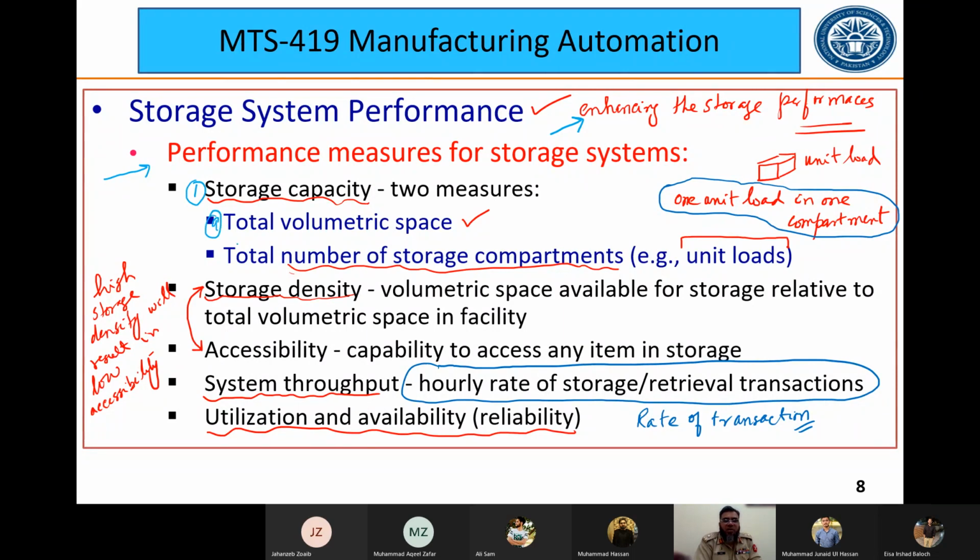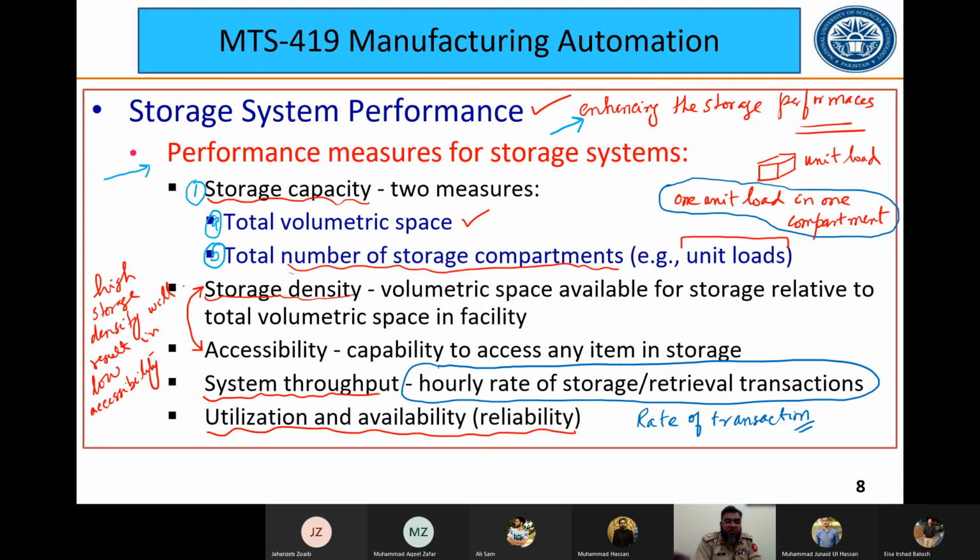This can be one measure, and the other could be the total number of storage compartments, and we will be considering that we will be storing unit loads. We have already talked about unit load, so just a recap: the unit load is the one load in one compartment. So if I have two or three compartments with me, one unit load will be put in one compartment. So this will be the storage capacity.